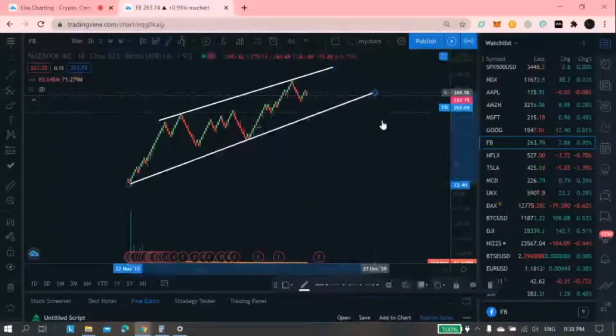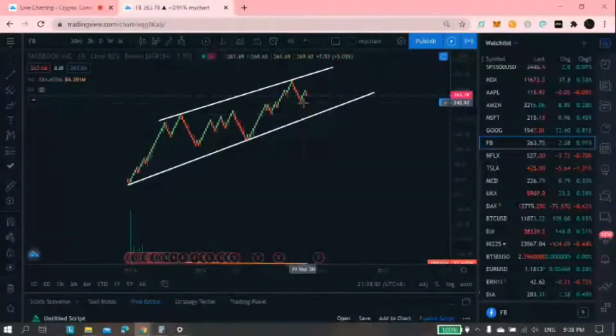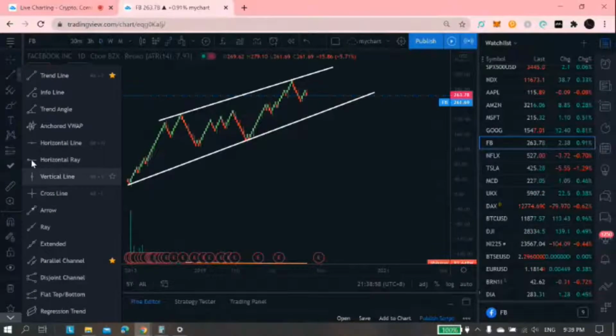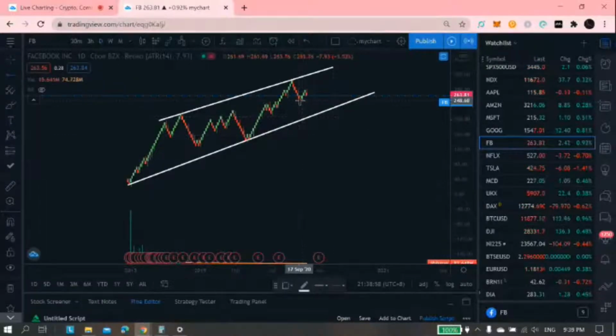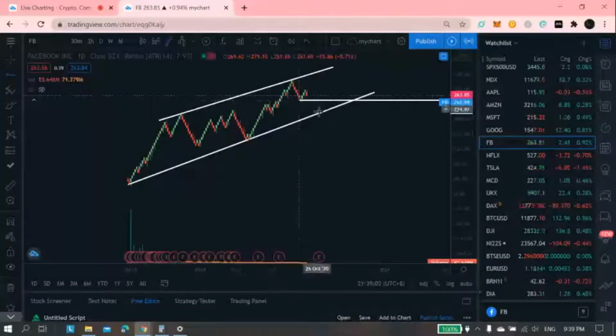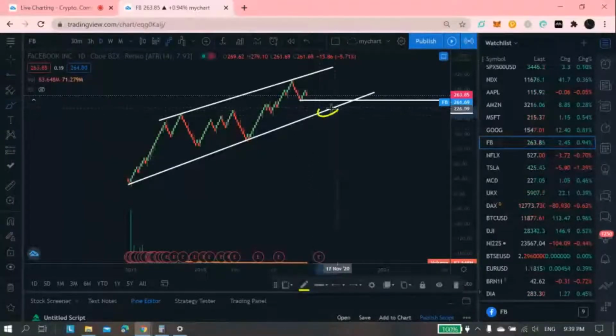So it tests this area, the previous support, which is around 242 area. If it breaks this level, it could possibly retest, of course, the long-term support, which is around 220 area.